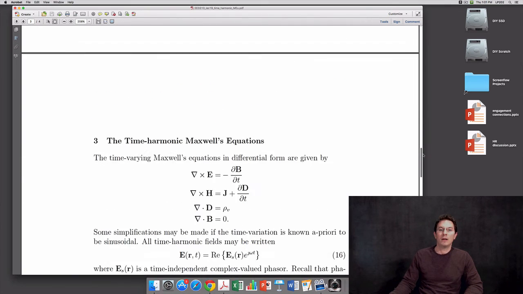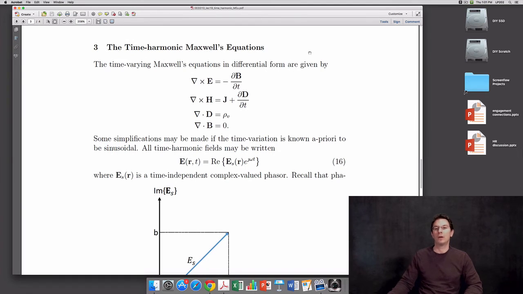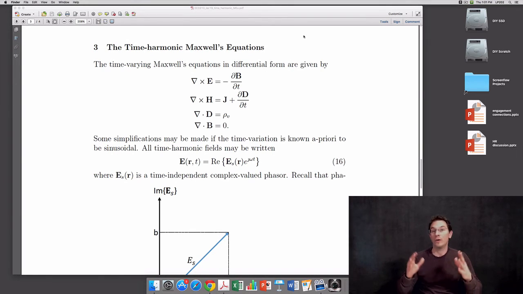Now that we have all of our dynamic Maxwell's equations, we can write them all down. The first one is the dynamic form of Faraday's law. The second, the dynamic form of Ampere's law. The third, Gauss's law. And the fourth, Gauss's law for magnetic fields.